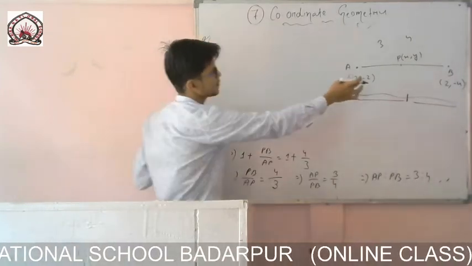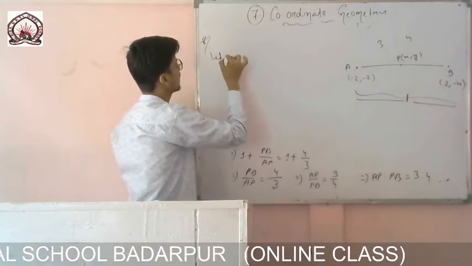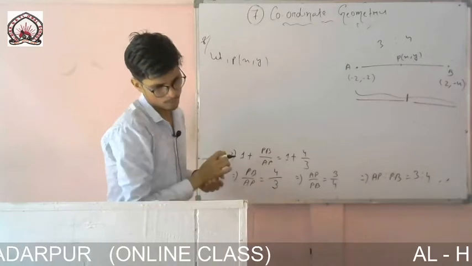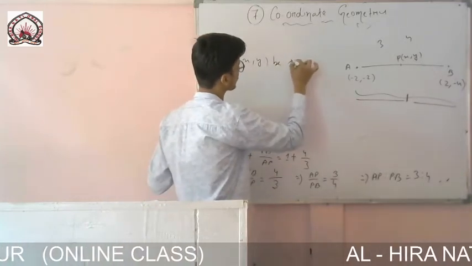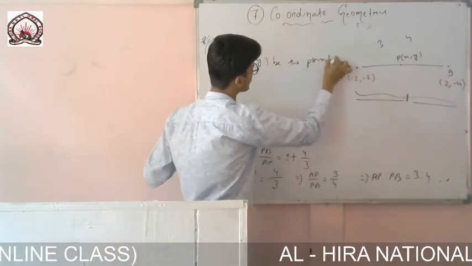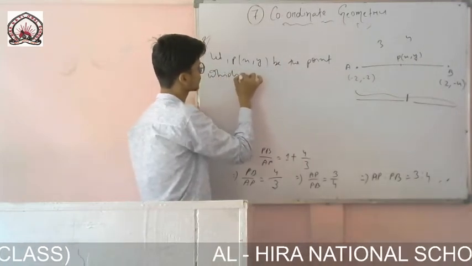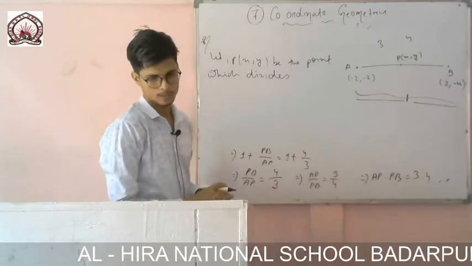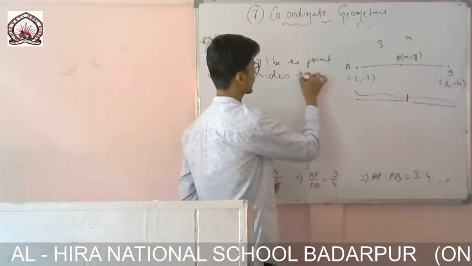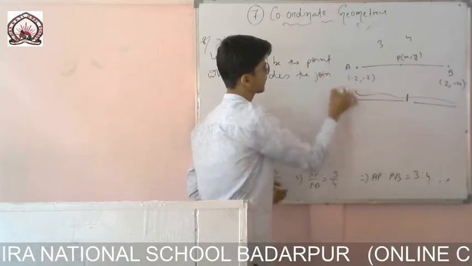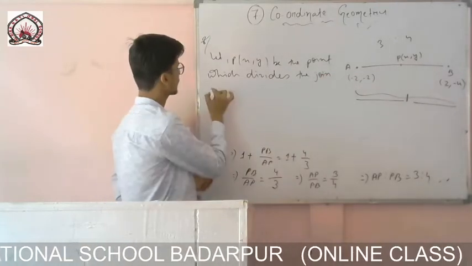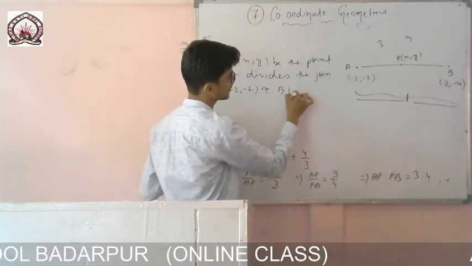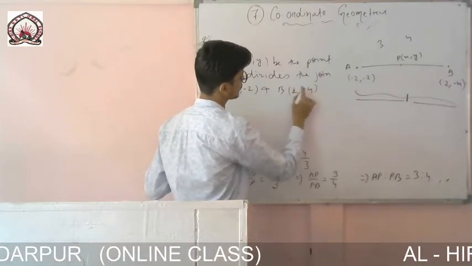Since we have not mentioned this point, I will write: let P(x, y) be the point which divides the join of A and B. A is given as (-2, -2) and B is (2, -4).